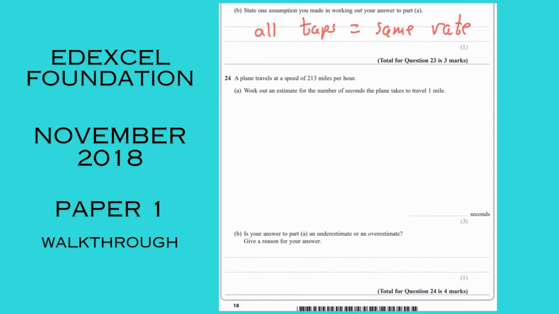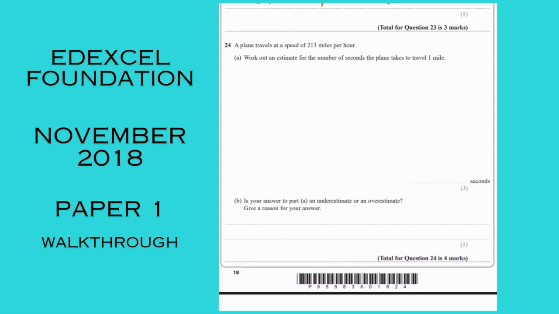On to this one. Number 24, a plane travels at a speed. So you've got speed 213 miles in 1 hour. 1 hour is really 3,600 seconds: 60 minutes in an hour, 60 seconds in a minute.